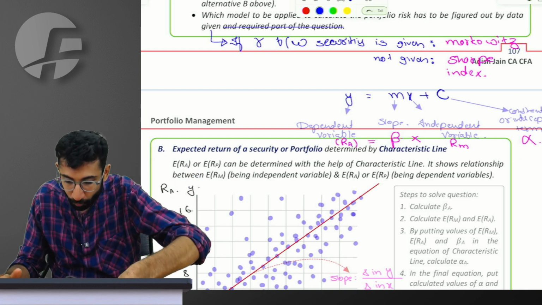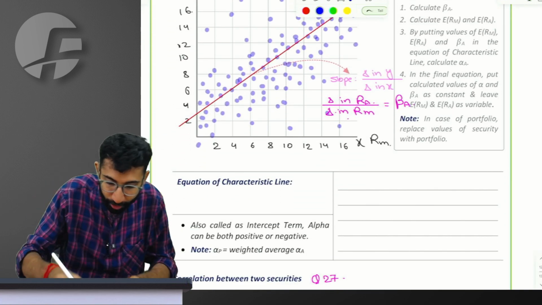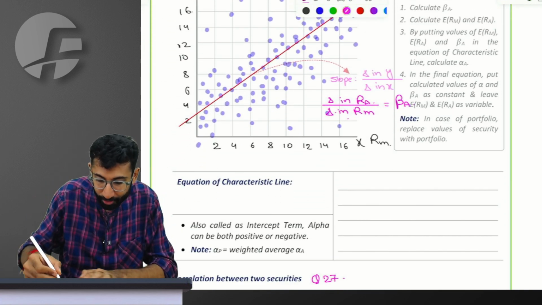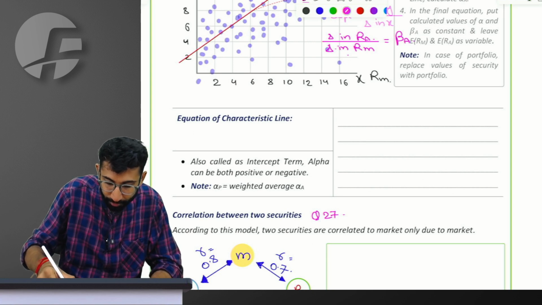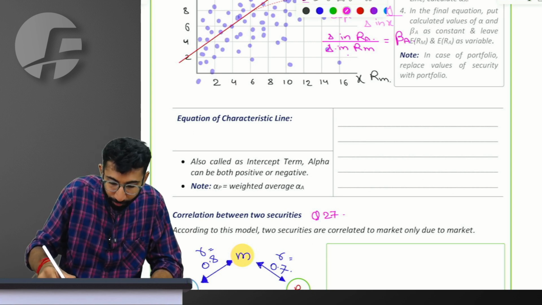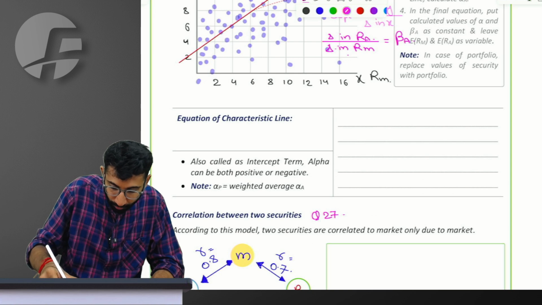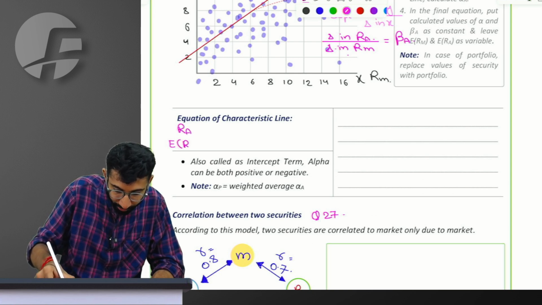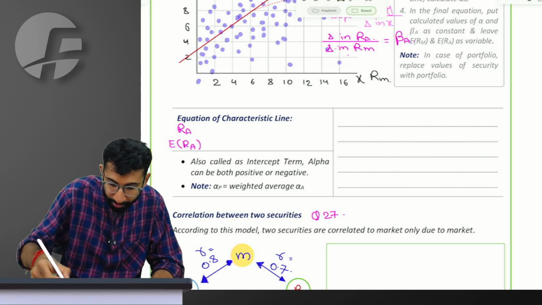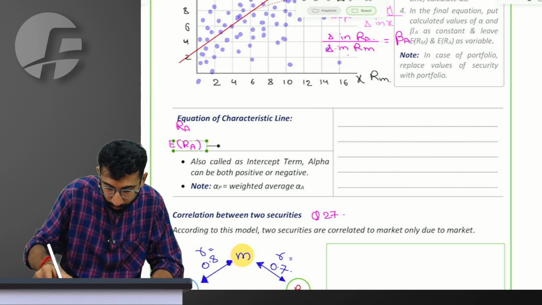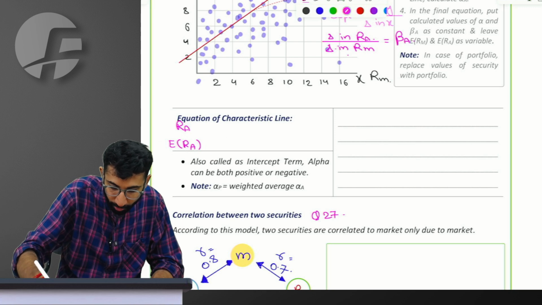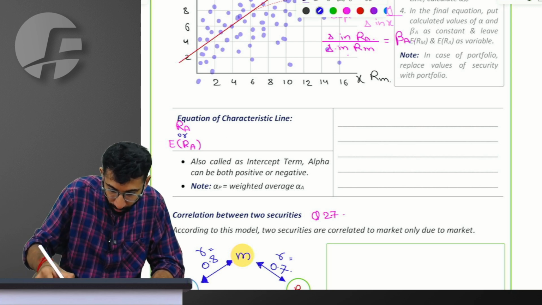And that is the official equation of the characteristic line. If you want to find out the return of a security, or you may also call it the expected return of the security, since it is about the future.